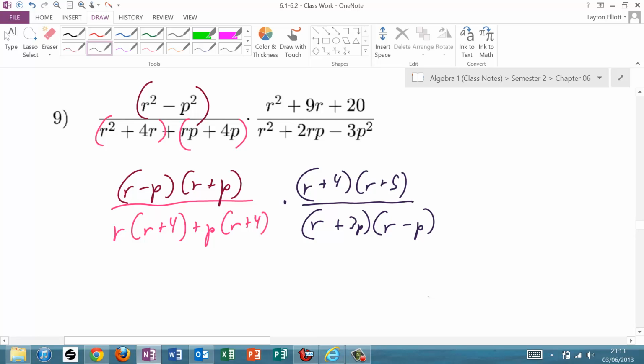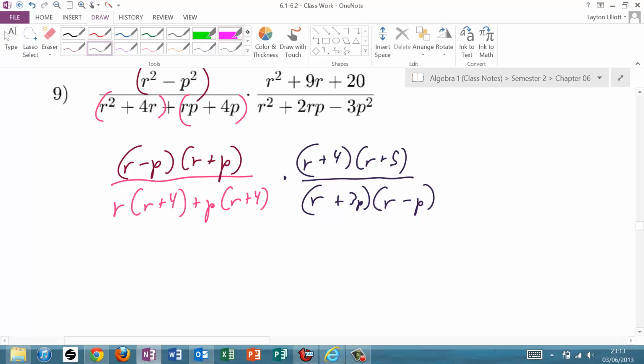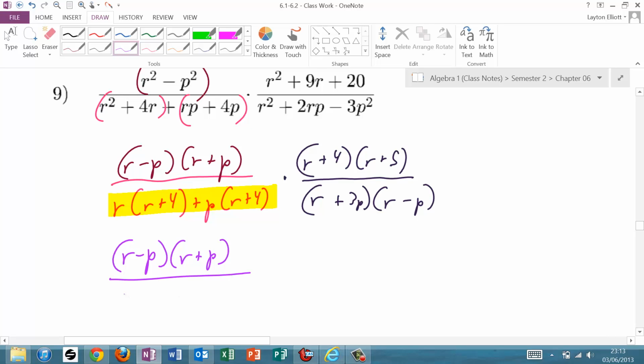Okay, that works. But this isn't fully factored yet, so I do have to take one more little annoying step and rewrite the entire thing with the highlighted part fully factored, because that's not fully factored yet. So we have r minus p, r plus p. I pull that denominator apart into r plus p times r plus 4.